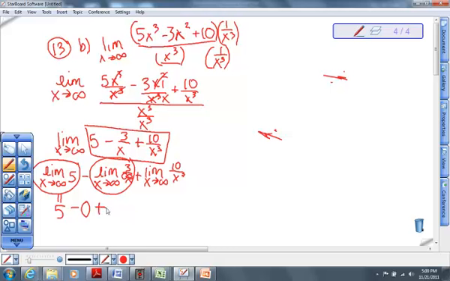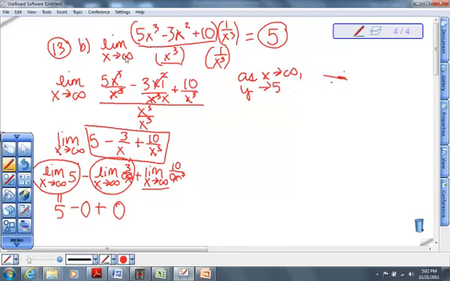Same thing with this last piece right here. If you could plug in infinity on this bottom, you would get 10 over infinity cubed, so essentially 0. And so our final answer is that the limit of this function is just equal to 5. Before, how we would write this was as x approaches infinity, y approached 5.